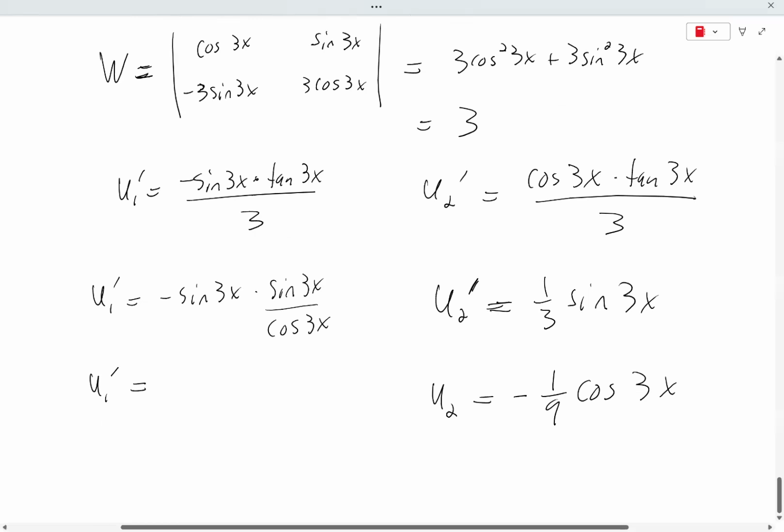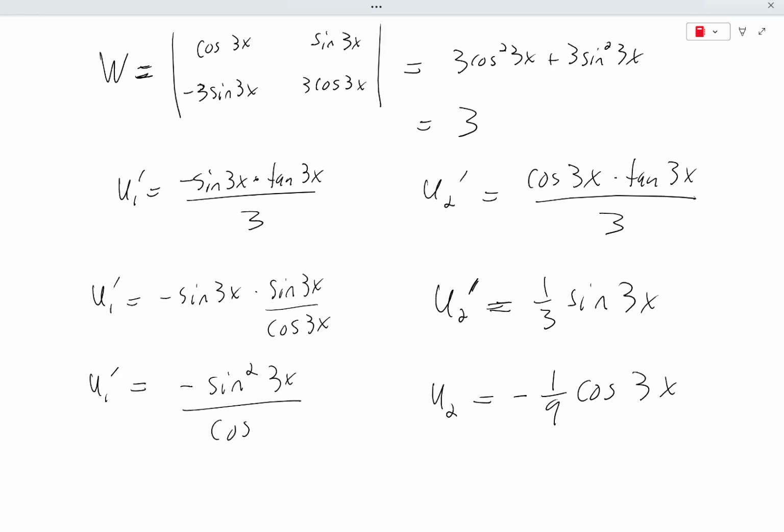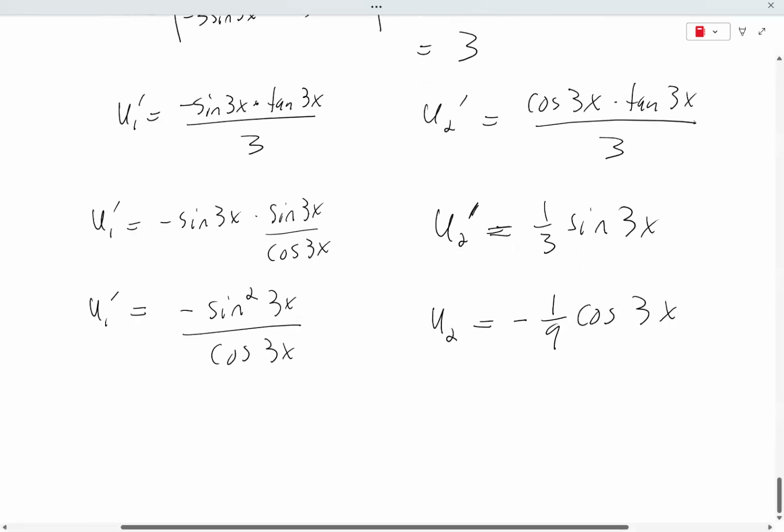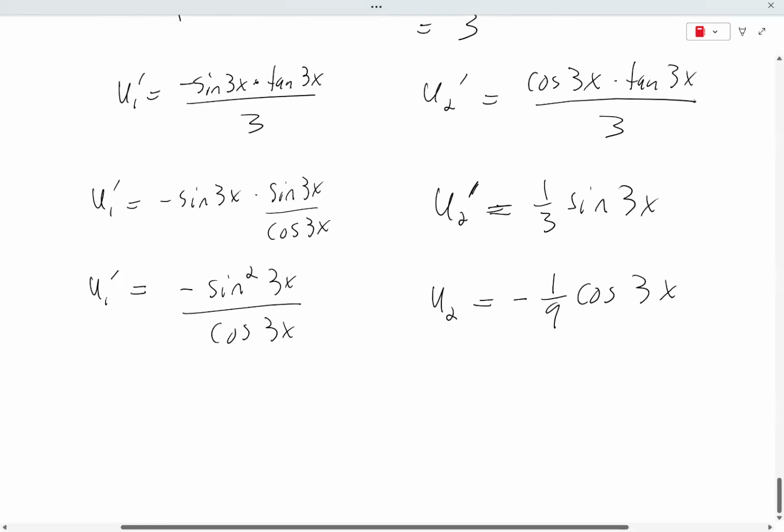This one is negative sine square 3x over cosine 3x. Now, sine square I could write as 1 minus cosine square. Let me see here.